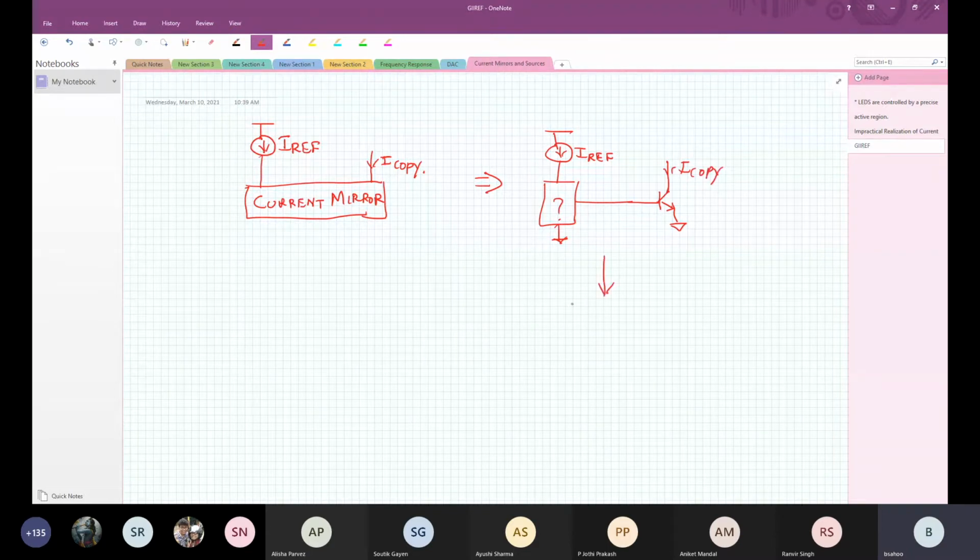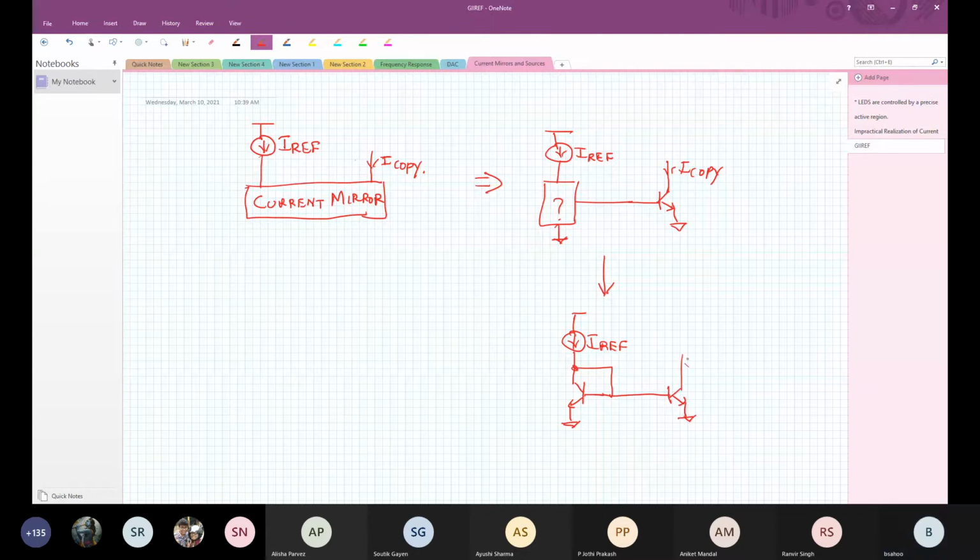The simplest circuit that we can have is nothing but a diode connected device.